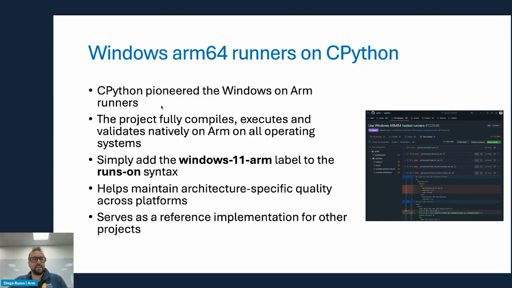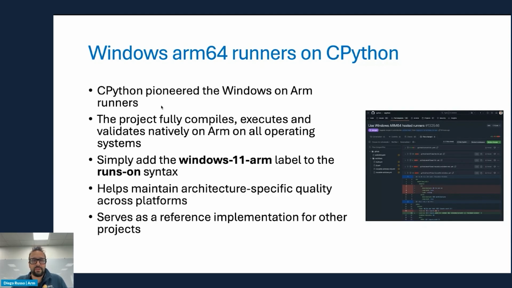You simply add the Windows 11 ARM label to the runs-on field in your workflow configuration file, as you can see in the screenshot on the slide. The rest of the CI logic remains unchanged. This support not only ensures that Python behaves correctly on ARM hardware, it also helps the maintainers catch architecture-specific issues early in development.